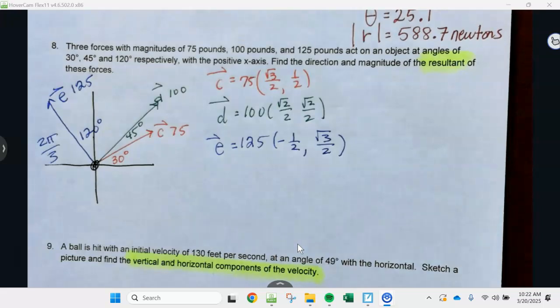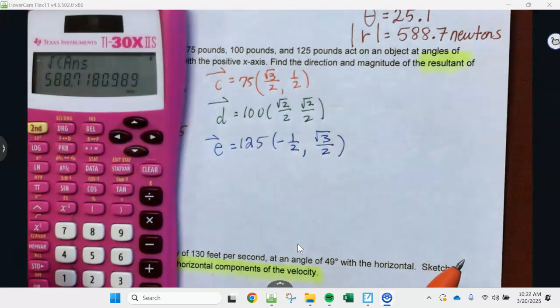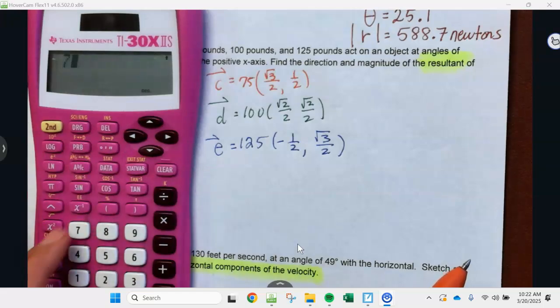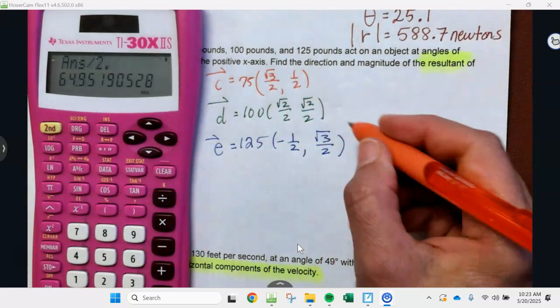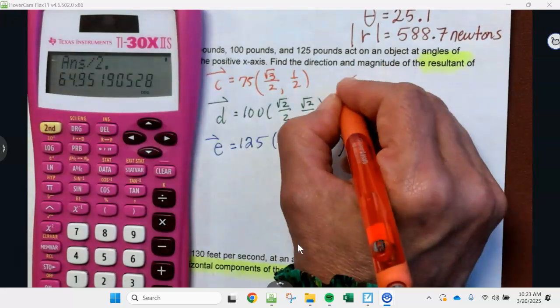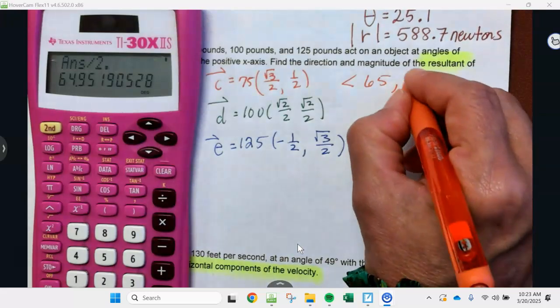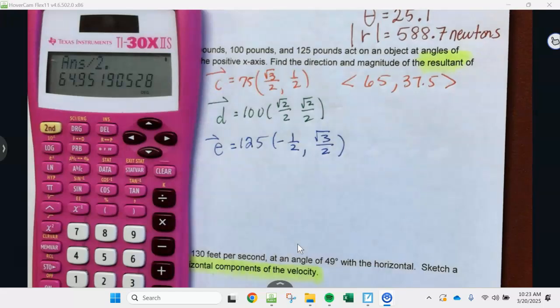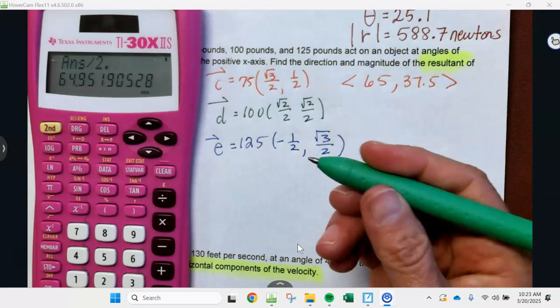Moving on, we're just going to distribute. Again, I'm going to have to turn on that calculator because root 3 is not a perfect square. So 75 times root 3, and then don't forget we're dividing by 2. So the first component for vector C is going to turn into a whole number again, 65. All right, 75 times 1/2, that's 37.5. Guys, make sure you do the work on the calculator. This is my 4th time doing it, so I have these numbers memorized.